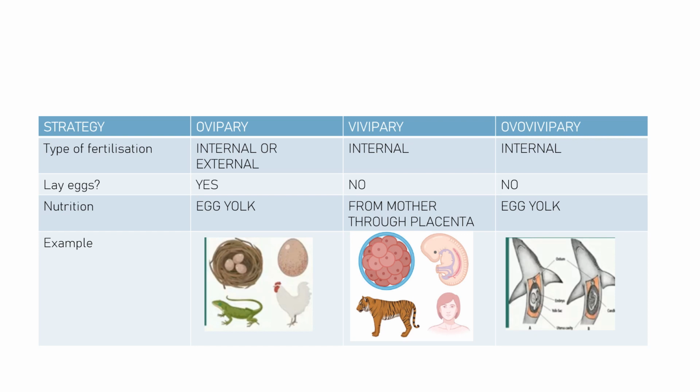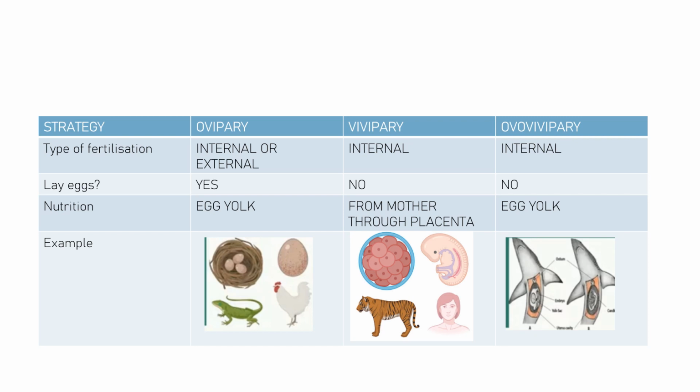So let's just try to understand what the word fertilization means. The word fertilization means the fusion of the nuclei of the male and the female gamete. Okay, so it's when the nucleus of the ovum fuses with the nucleus of the sperm cell in order for them to form a zygote.